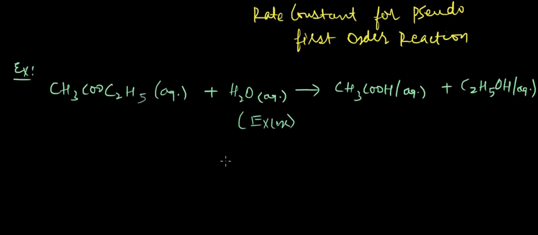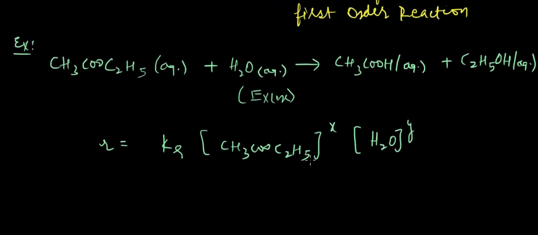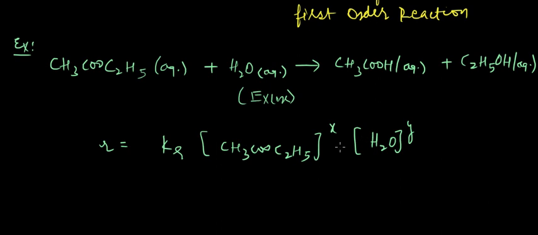So we can write that, suppose the rate of reaction is rate constant times CH3COOC2H5 to the power x and H2O to the power y. So what is a pseudo first order reaction?